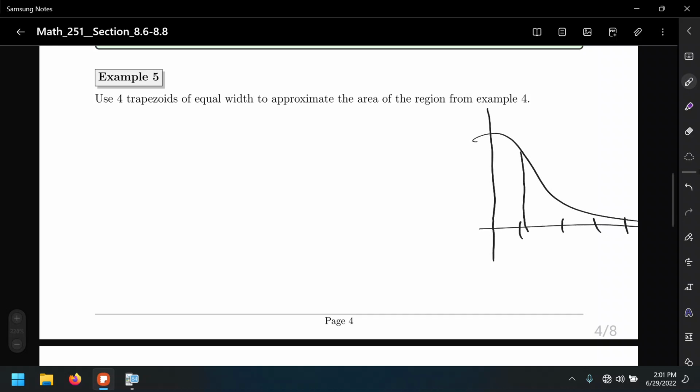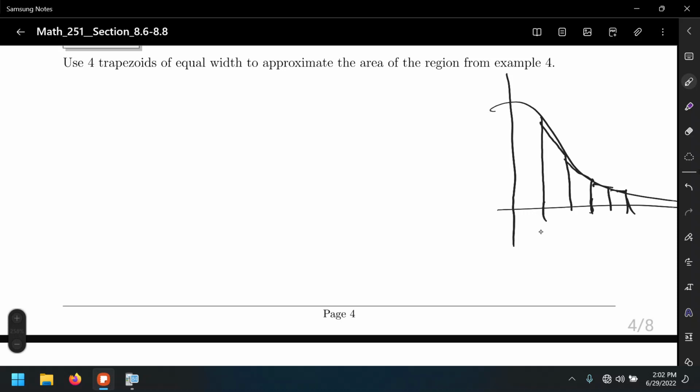So we want this area with 4 trapezoids. That means we want the area of this trapezoid plus the area of that trapezoid and that trapezoid and that trapezoid. Alright, 4 trapezoids.